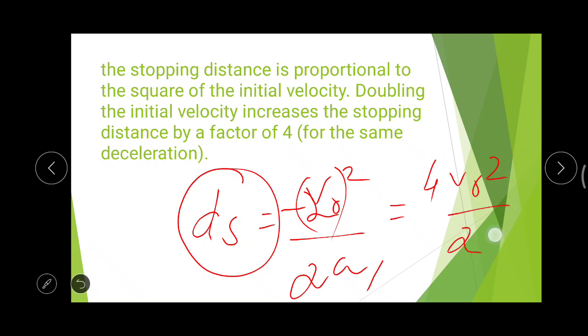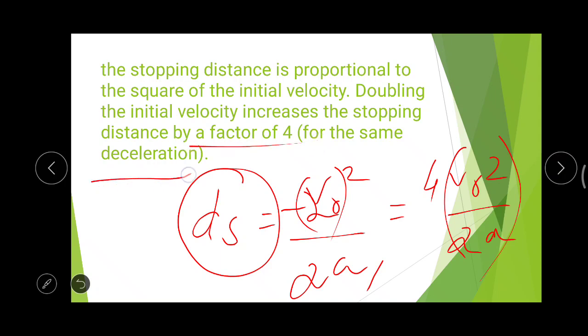Okay, where v0 square by 2a is the initial condition stopping distance, and after you double the velocity, the stopping distance becomes 4 times more than the initial case. Okay, the stopping distance is proportional to the square of the initial velocity. Doubling the initial velocity increases the stopping distance by a factor of 4.